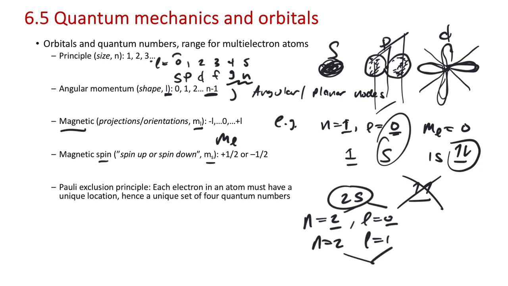And L equals 1 is referring to the 2p subshell, because L equals 1 is p-shaped. The number in front is just the n value. The 2p set of orbitals have m sub l values of -1, 0, and +1, so 1, 2, 3, 2p orbitals. But the m sub l for L equals 0 is just 0.